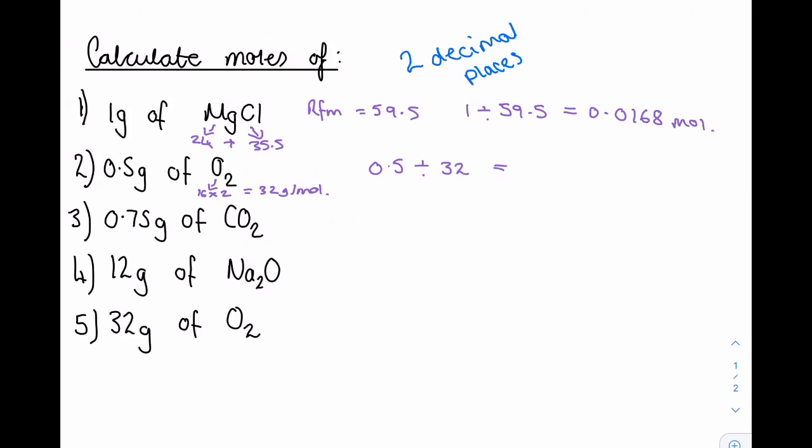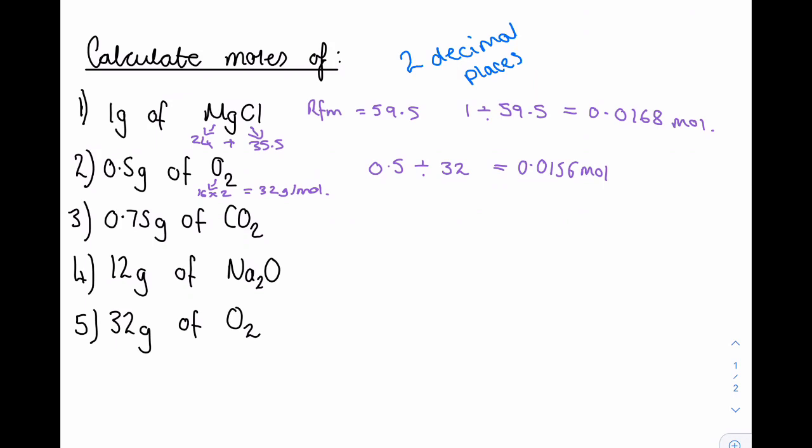And your answer there would be, let's just check that one because I don't think it looks right with what I've already got. So you do 0.5 divided by 32 is 0.0156 mole. And we're going to go back through and make sure we're at 2 decimal places once I've got all the answers.